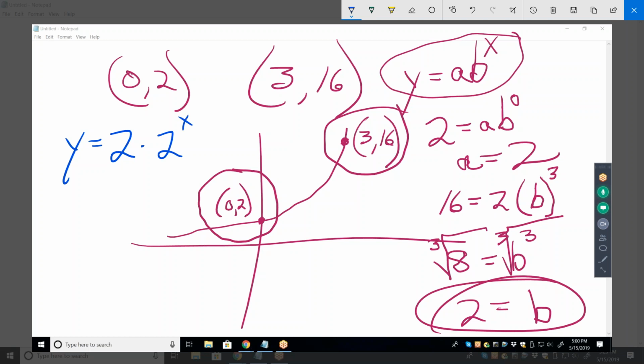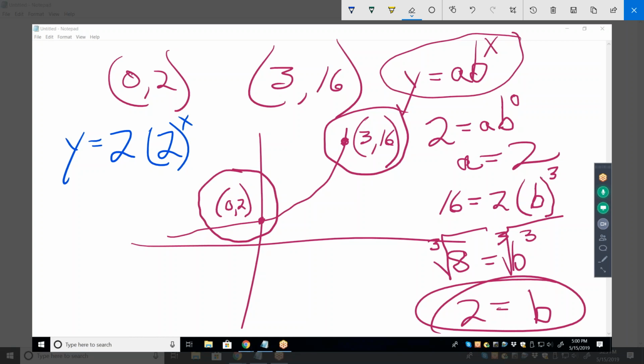Now, I usually like putting that in parentheses. I'm not sure why. They're not necessary. In other words, the exponent only applies to the number below it, or what's usually in parentheses.